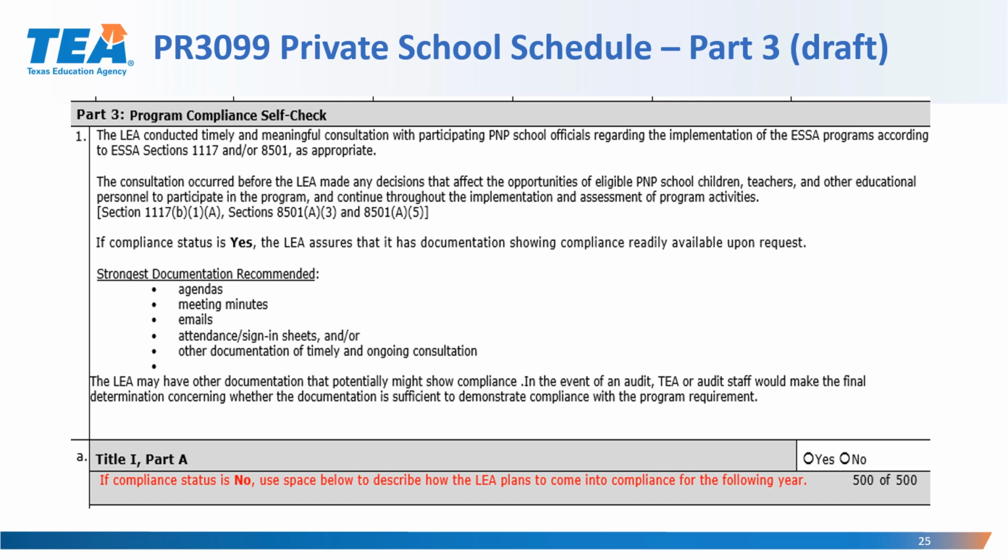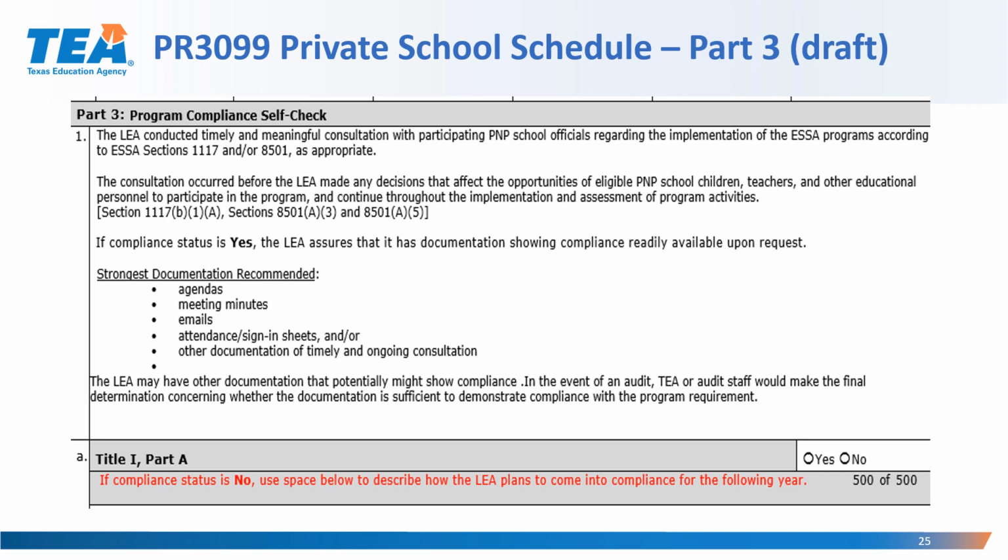In Part 3 of the Program Compliance Self-Check, the LEA conducted timely and meaningful consultation with participating PNP school officials regarding the implementation of the ESSA programs according to the Title I, Part A and/or the Title VIII programs.